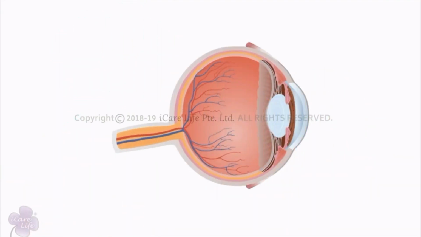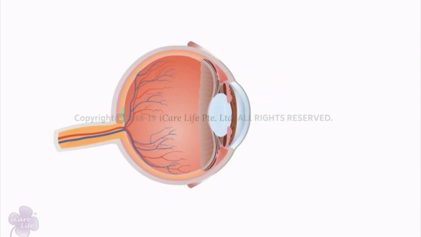The part in retina where the optic nerve connects to the eye is called the blind spot. The blind spot does not have any rods and cones, so if any reflected light strikes this spot in retina, we do not see any image. There is a small area towards the center of retina, known as macula.